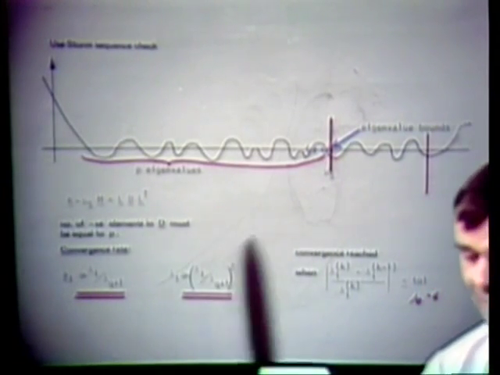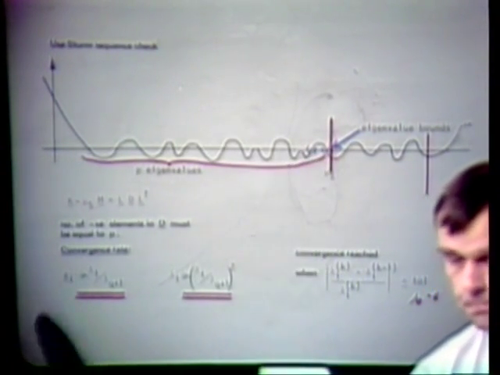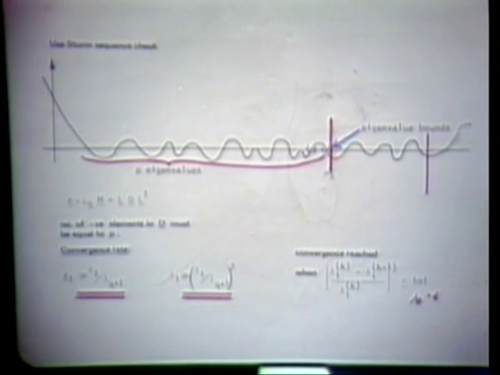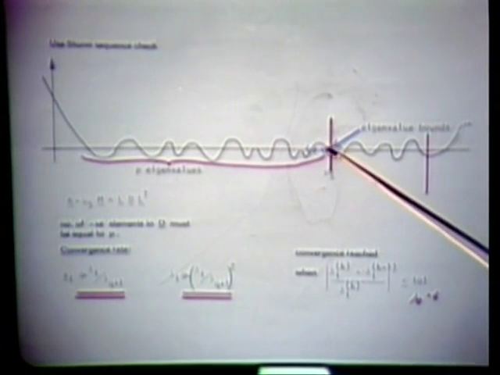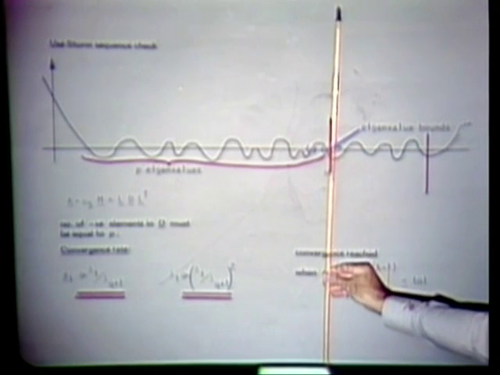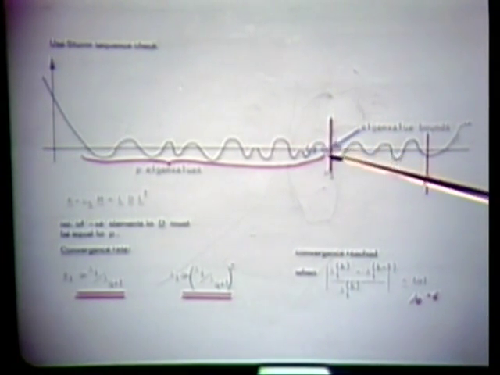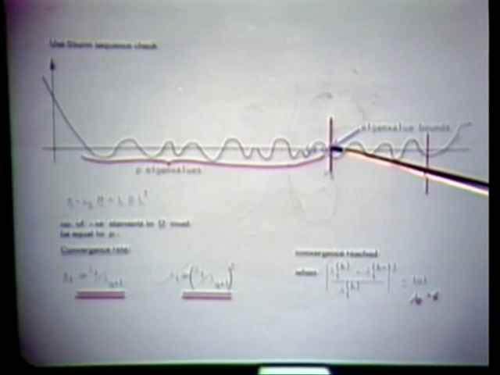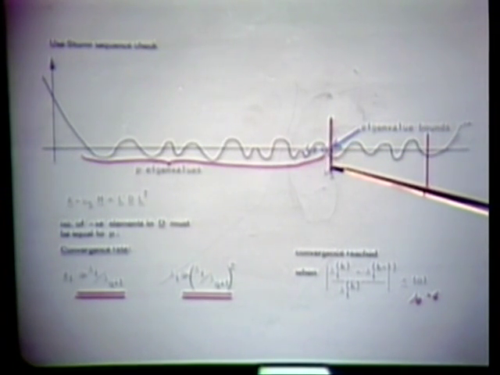Well, if these are the p eigenvalues, we are calculating error bounds on these eigenvalues, indicated here by the blue lines, and then just to the right of the error bound we apply a Sturm sequence shift, mu s.